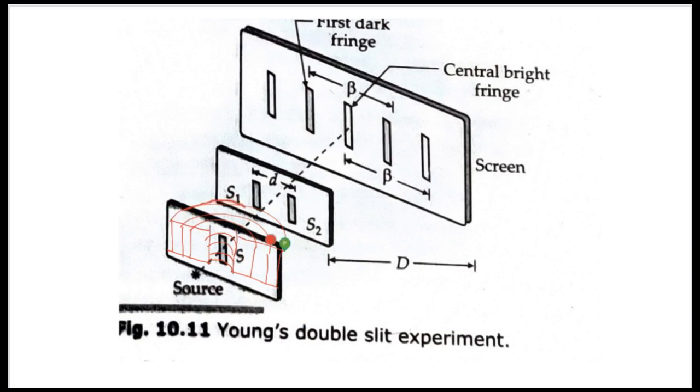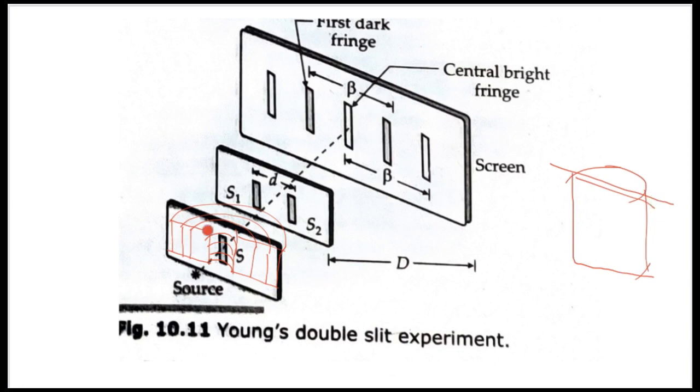Can you see? Suppose if I have to draw a cylinder, this is your cylinder. Then this represents the half section of the cylinder.